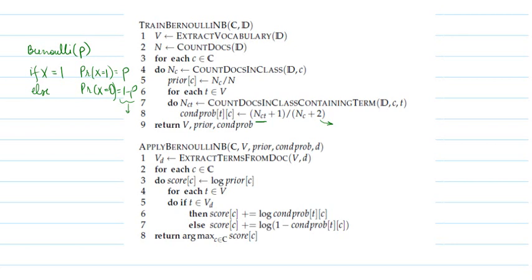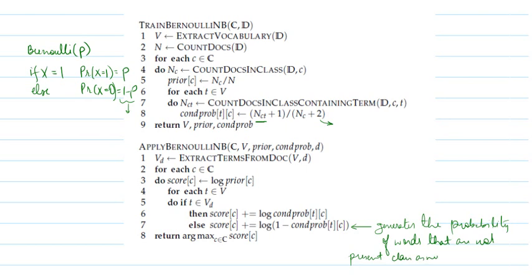So this generates the probability of words that are not present in the class as well, right?